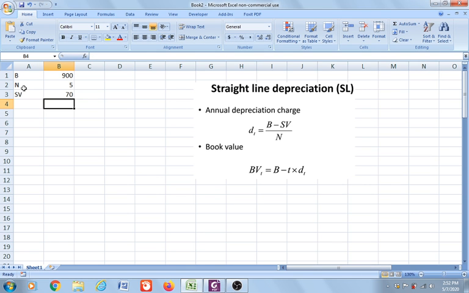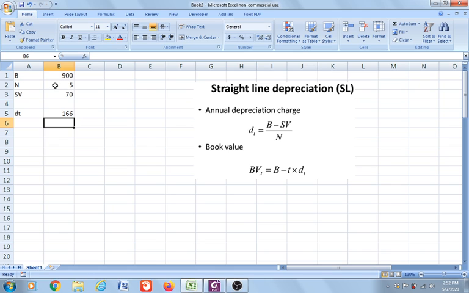The first thing that we need to do with the straight line depreciation method is to calculate the DT, the depreciation charge for every year. It is just the basis minus the salvage value divided by the number of years. And this DT is a constant, and that happens every year.